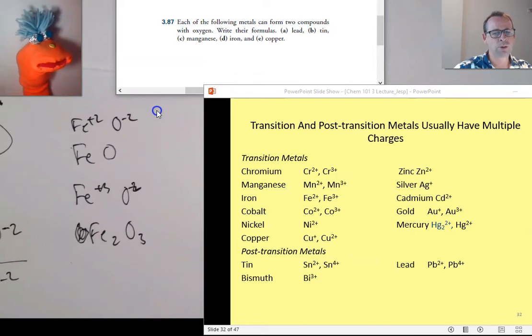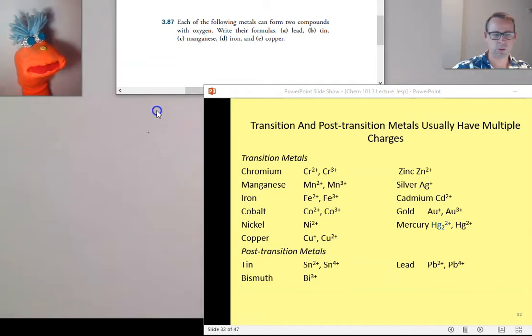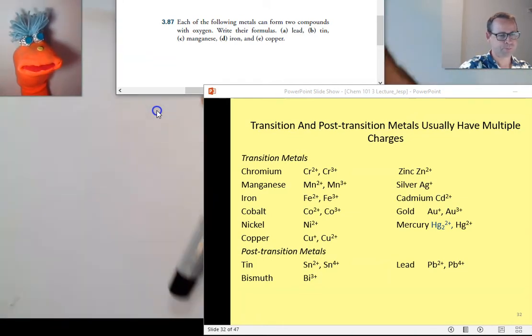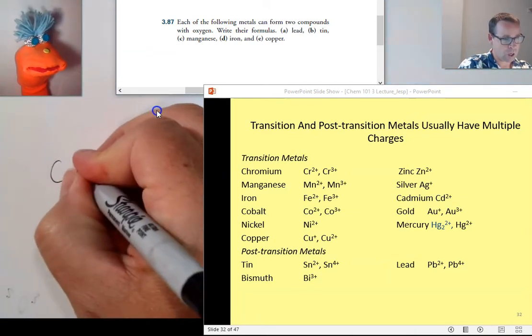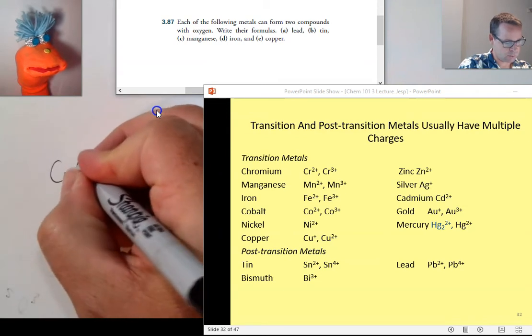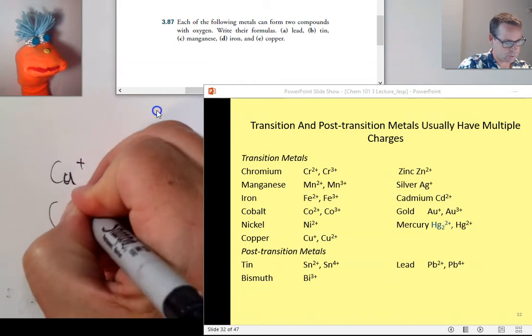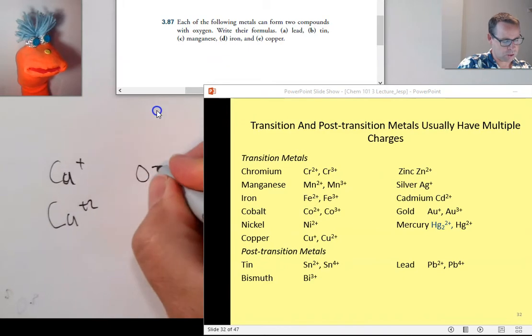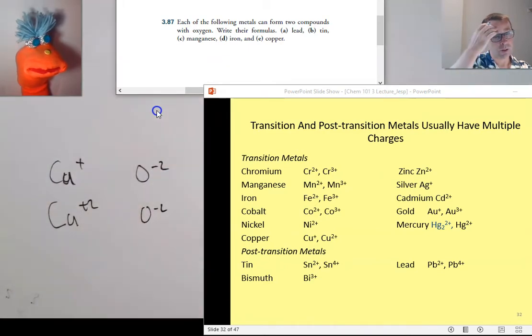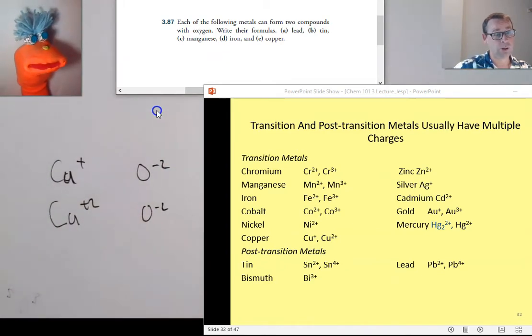Copper is +1 and +2, so that's interesting. Let's think about that. What would that be? Copper, whoops, not calcium. That's +1, or copper +2. Oxygen is a -2. All right. Oh yeah, so Cu2O.